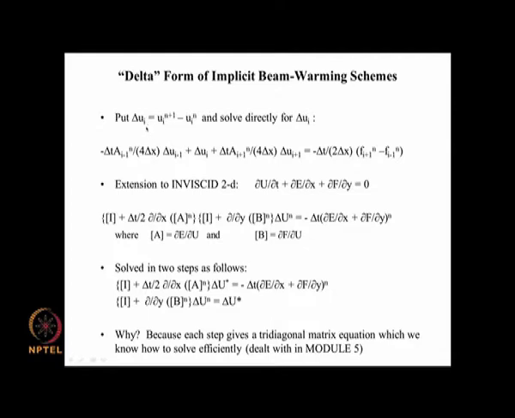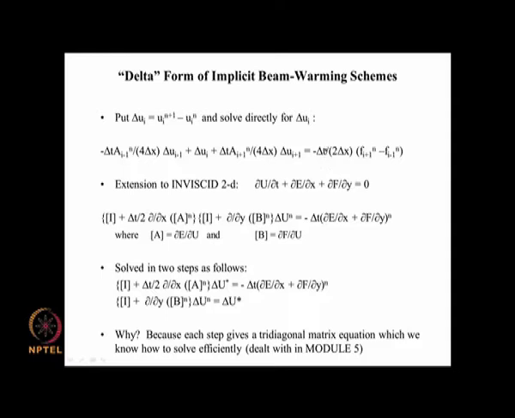This equation has variables not as u_i^(n+1), u_(i+1)^(n+1), u_(i-1)^(n+1), but delta u_(i-1), delta u_i and delta u_(i+1), and this we can see is a tridiagonal form with coefficients of delta t a_(i-1)^n by 4 delta x and a_(i+1)^n divided by 4 delta x here and 1 here.